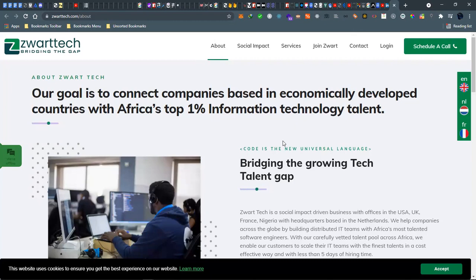If you are really good at coding, you can ask for equity. And if you ask for equity for that particular company, it means that you will now be part of the shareholding and the part of the initial guys who actually founded that company.